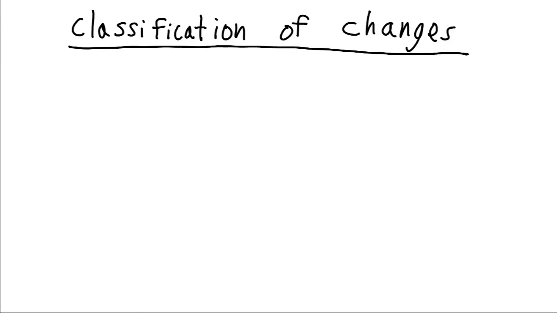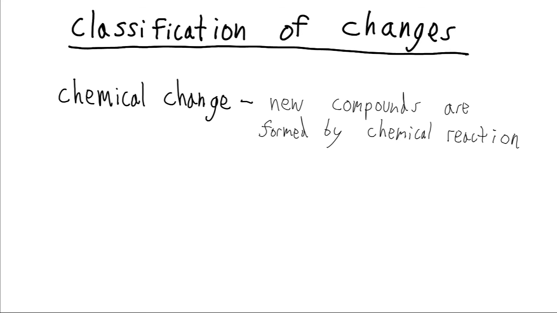The final classification that we're going to introduce at this point is the classification of changes. So the first type of change that we will consider is when we have a chemical change. So this is where new compounds are formed, and the way they're formed is going to be by a chemical reaction.